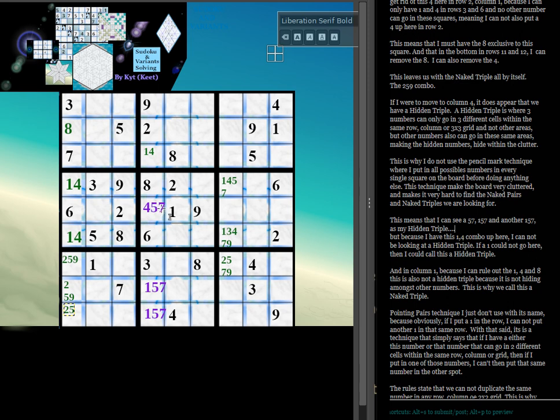If a 1 could not go here, then I could call this a hidden triple. And in column 1, because I can rule out the 1, 4 and 8, this is also not a hidden triple because it's not hiding amongst the other numbers. This is why we call this a naked triple.